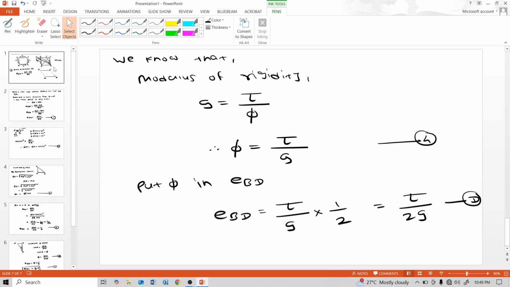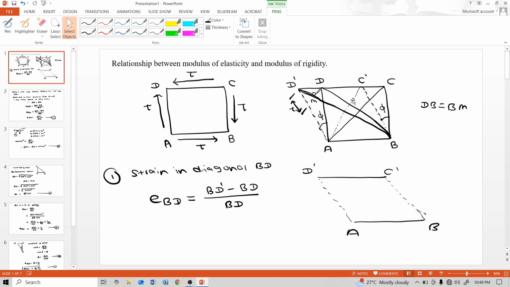See here, due to this tangential shear stress, there is increase in diagonal BD. That means longitudinal strain is seen in diagonal BD, and also due to this tangential shear force, there is lateral strain seen in diagonal AC, and this lateral strain is compressive lateral strain. There is decrease in this AC diagonal.